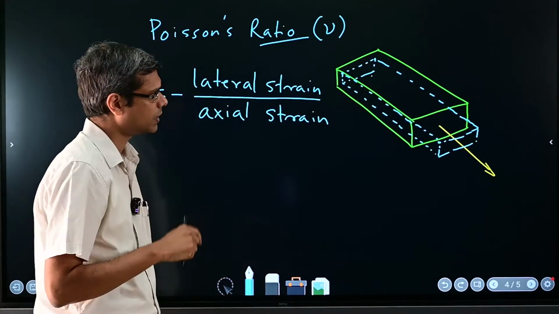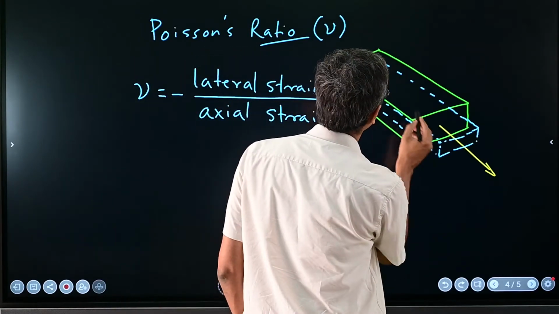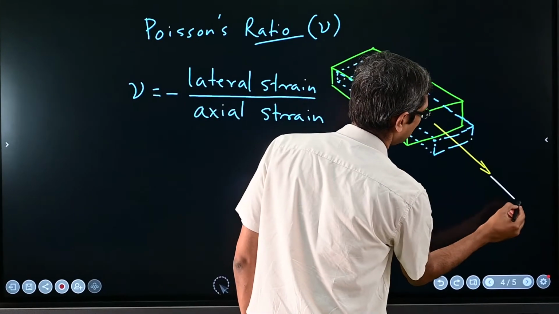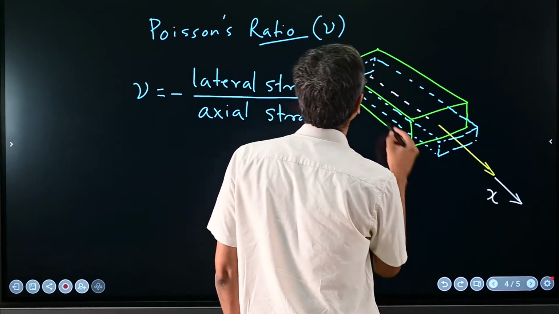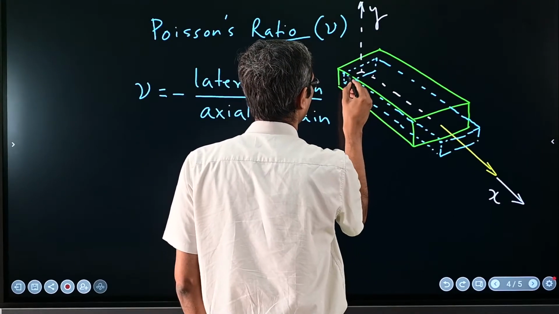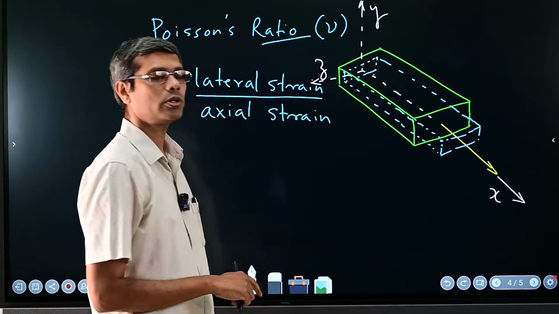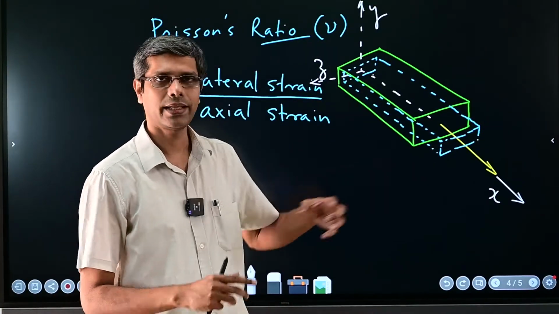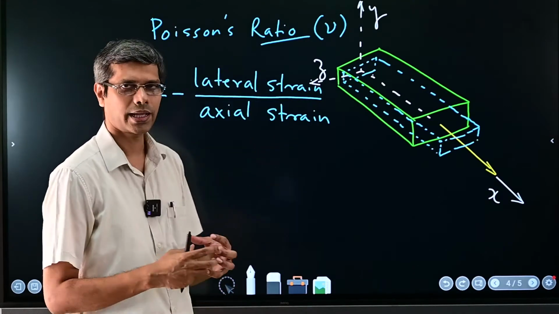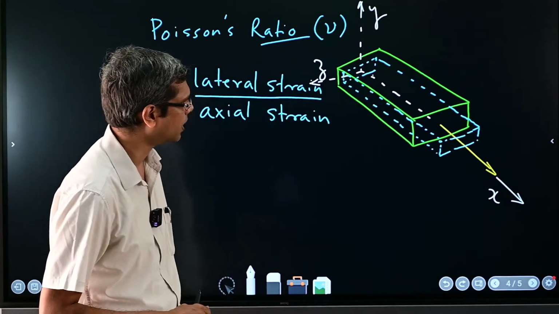okay. So that means, suppose I'll draw, so this axis may be your x-axis. Now suppose this is your y-axis, and say this is your z. Now because we are applying the load in the x direction, and that we will call the axial direction, and the strain in that direction is called axial strain, okay.